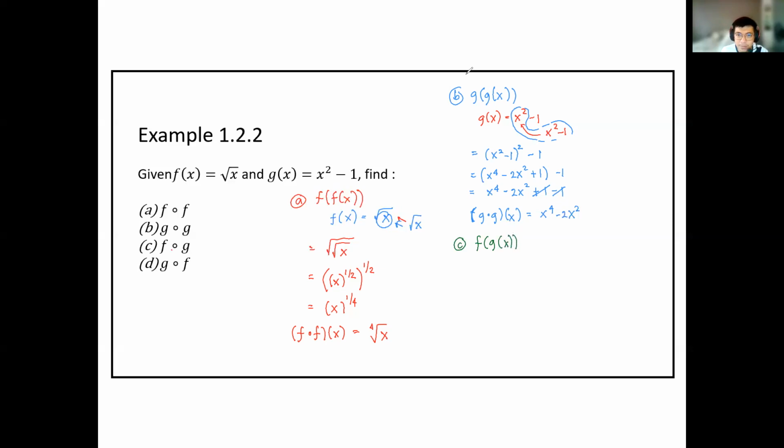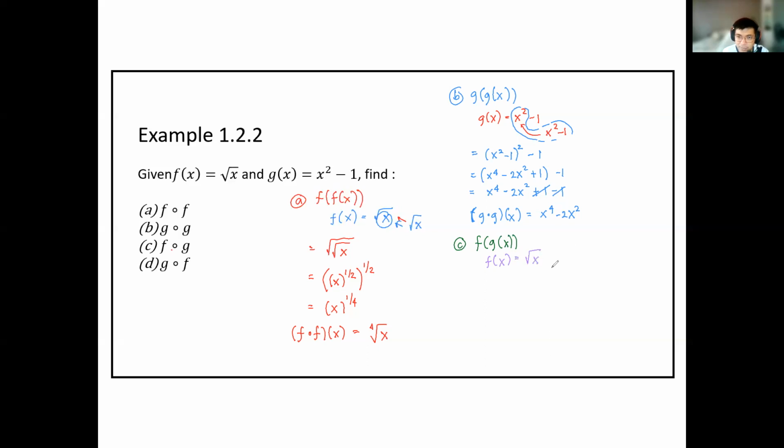Let's try another lighter color to differentiate it. So f of g of x. Again, our f of x is equivalent to the square root of x.